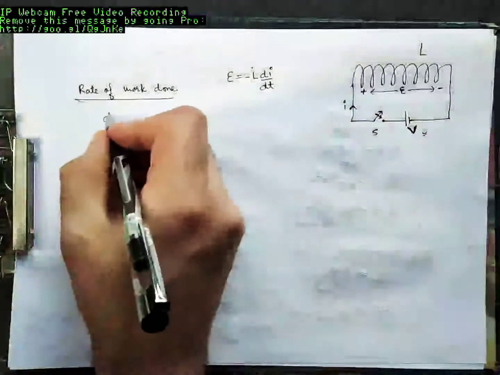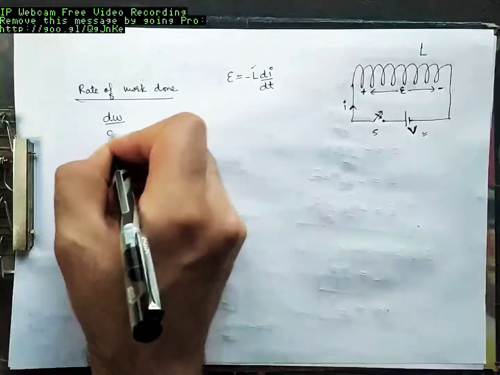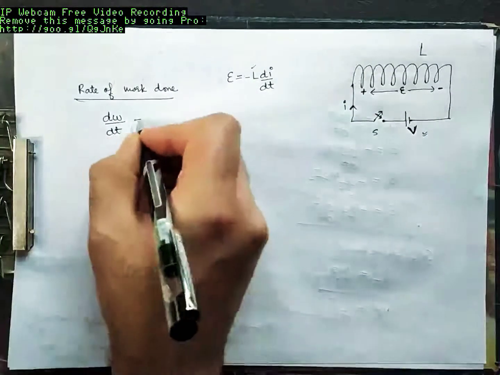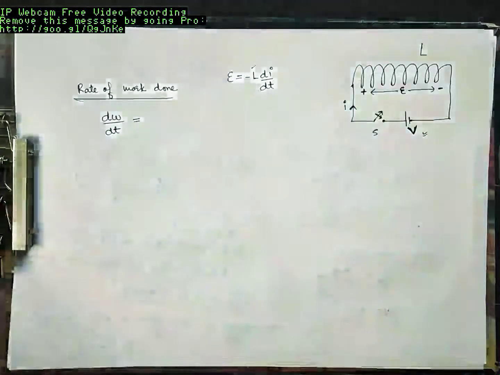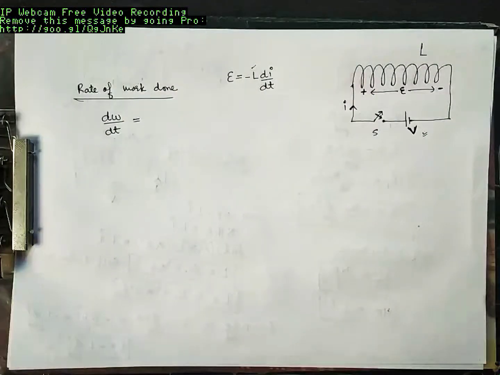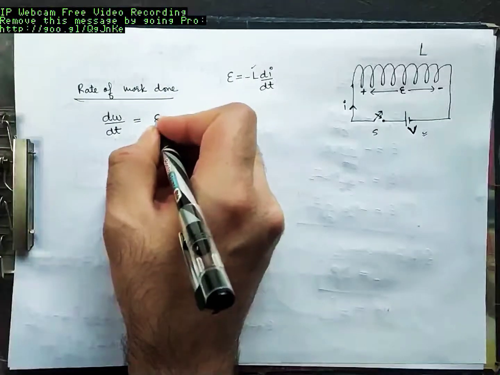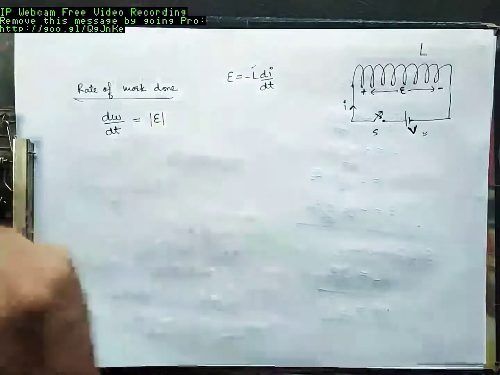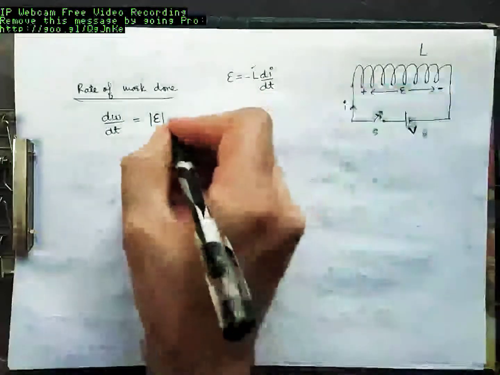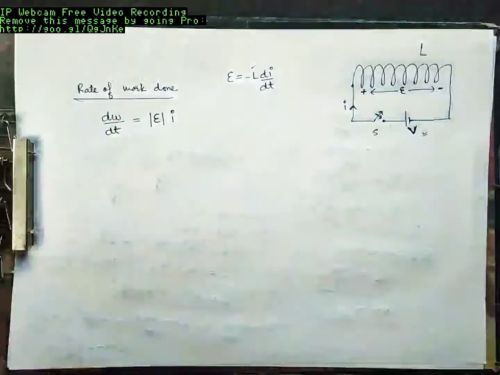So rate of work done, or power, dW by dt, is equivalent to the opposing voltage, its magnitude E, into current I. You remember this or not?